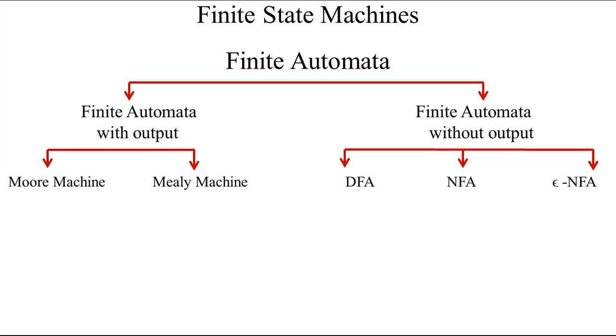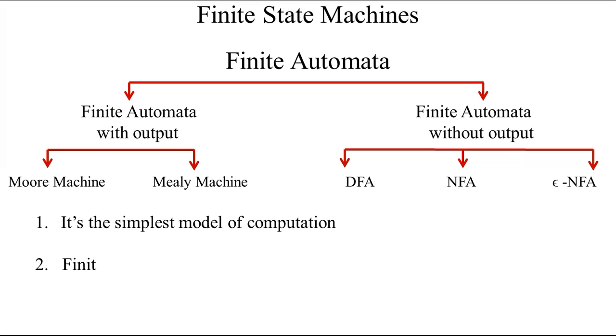Before discussing, let us see the two important properties of finite automata. They are: finite automata is the simplest model of computation, and finite state machines have a very limited memory.